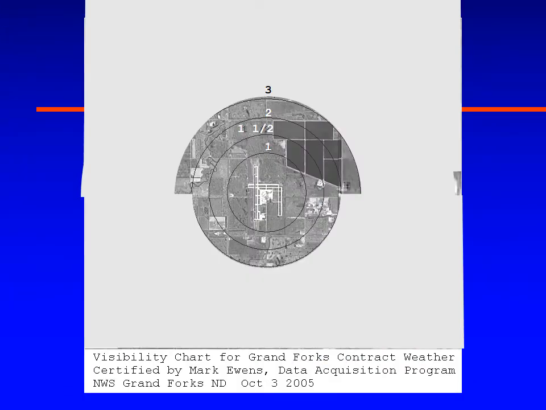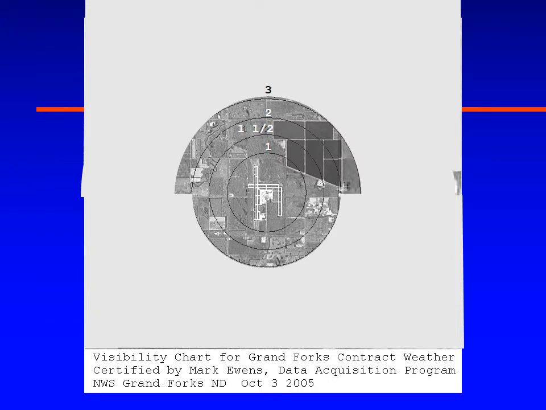Let's do some examples. Let's say that at Grand Forks the visibility is variable. It's down, the visibility is down. And in this case you can see range rings, and it looks like to the north the greatest distance that you can see by identifying, for example, the end of the lagoon and the Kelly Tower and things like that.